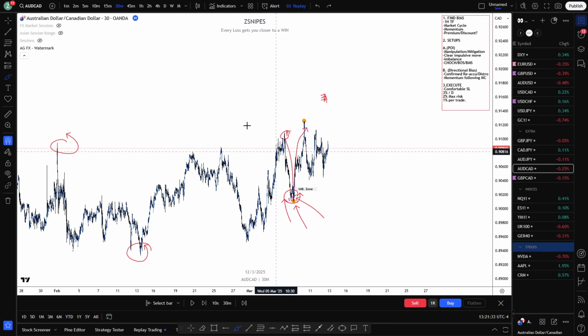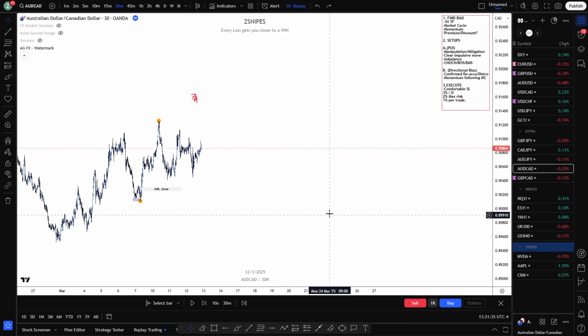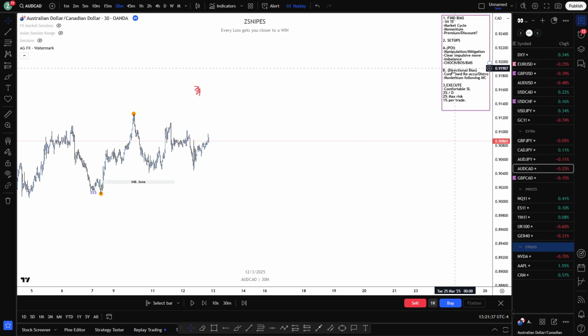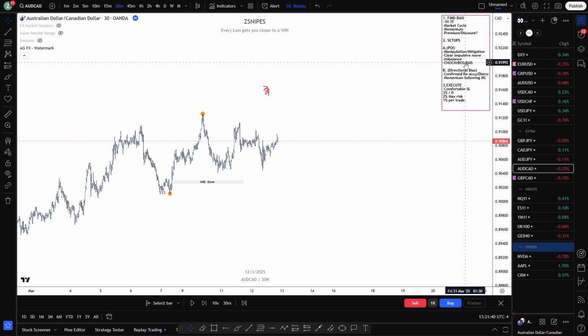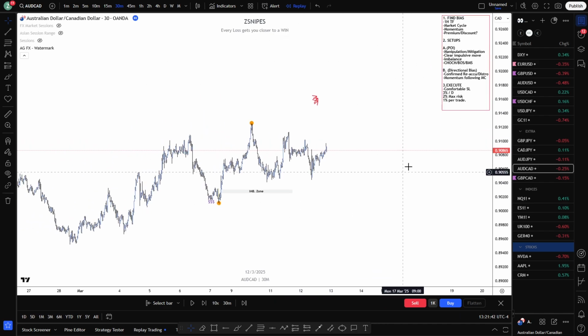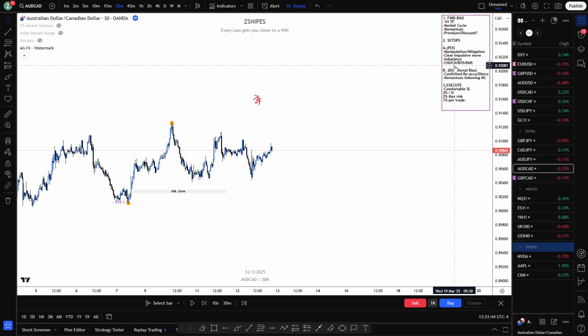Okay, we need to break that high. We need to invalidate that high. So we need the break of structure. Okay, that is the last confluence here to confirm this A setup, is we need a change of character / break of structure / break of market structure.